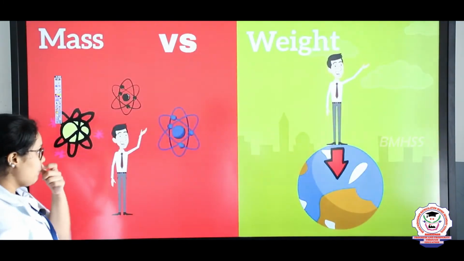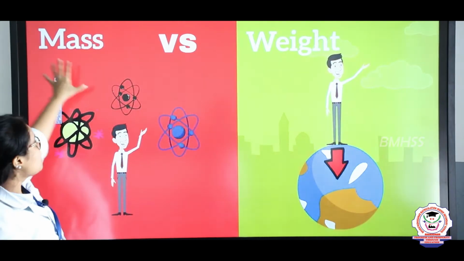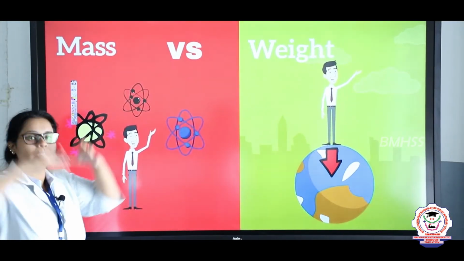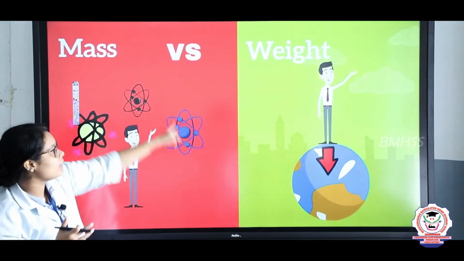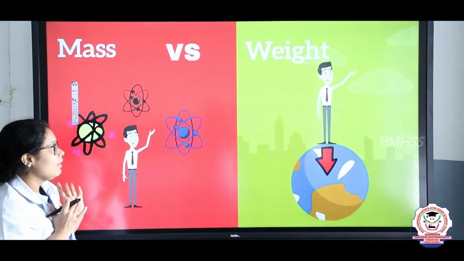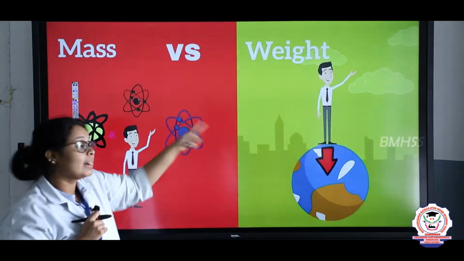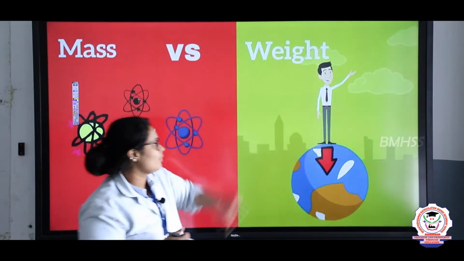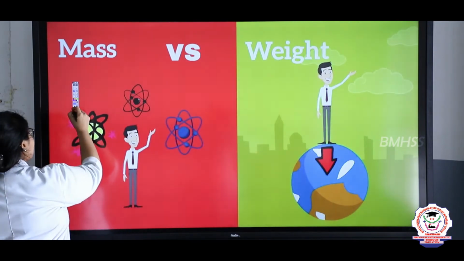Now let's do this comparison. Here you can see mass versus weight. Mass is only about the matter in an object, right? When you are taking the weight, that weight is a pull from the earth, that is the gravitational force. What is the force, children?